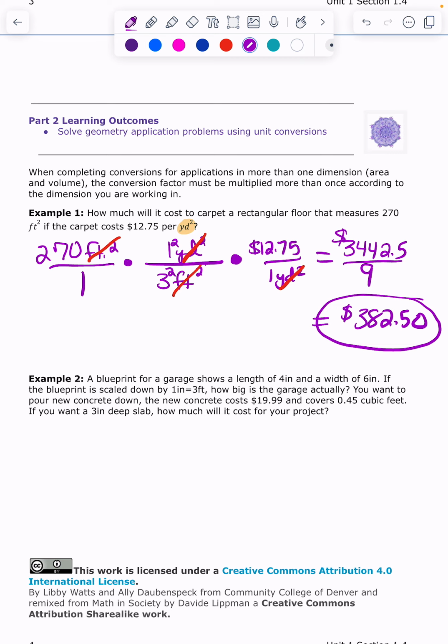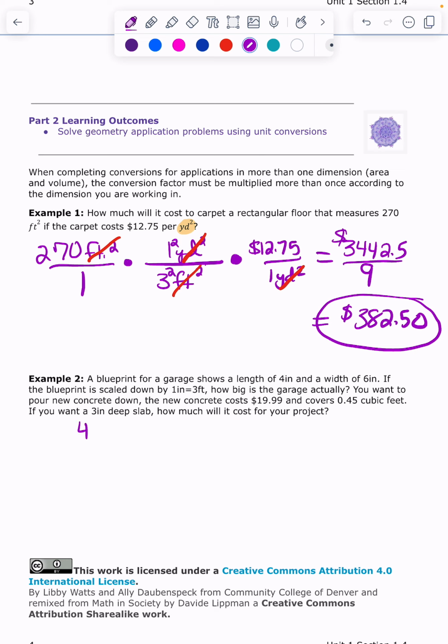Example 2. A blueprint for a garage shows the length of 4 inches and a width of 6 inches. If the blueprint is scaled down by 1 inch equals 3 feet, how big is the garage actually? Okay, so let's start with that part.